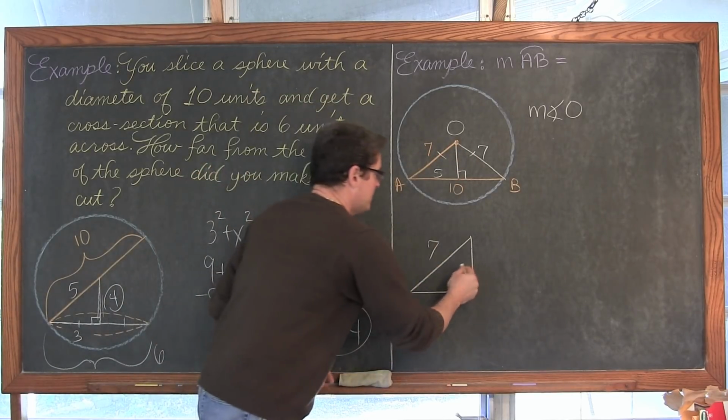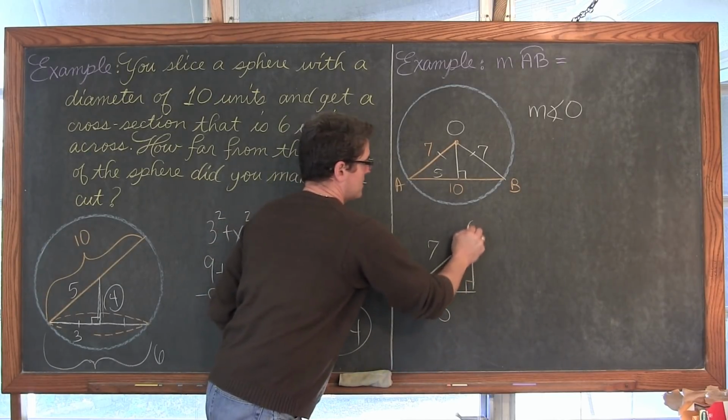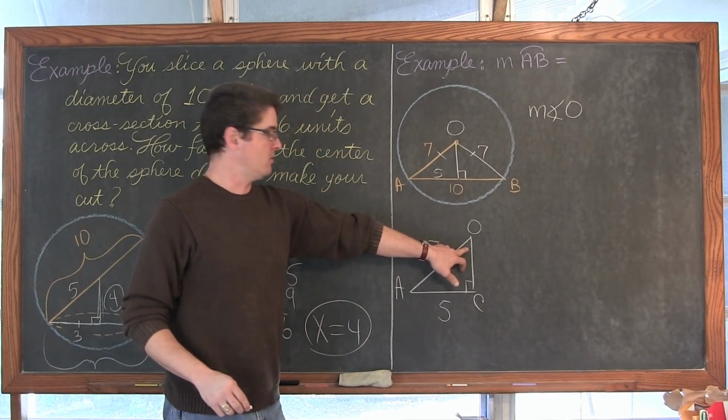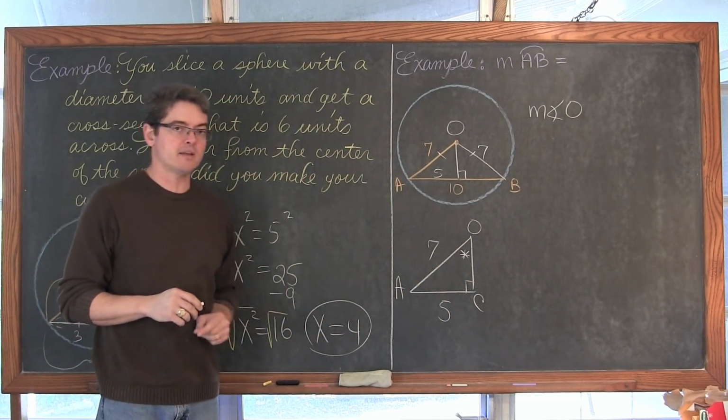So I want to find, let's say, A is here, here's O, and let's add another point of C, and I want to find the measure of angle O. So I want to find this angle here. I'm just going to put a little asterisk, and that's the angle I want to find the measure of.